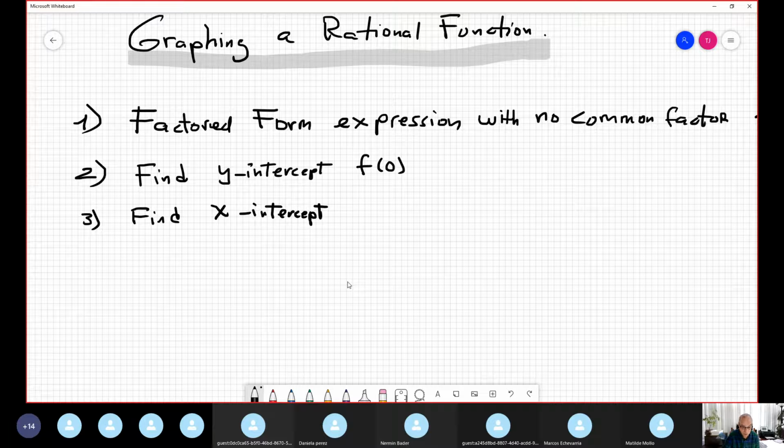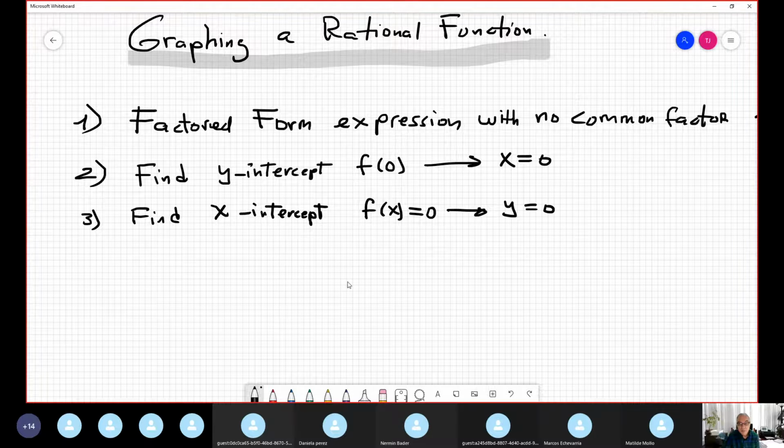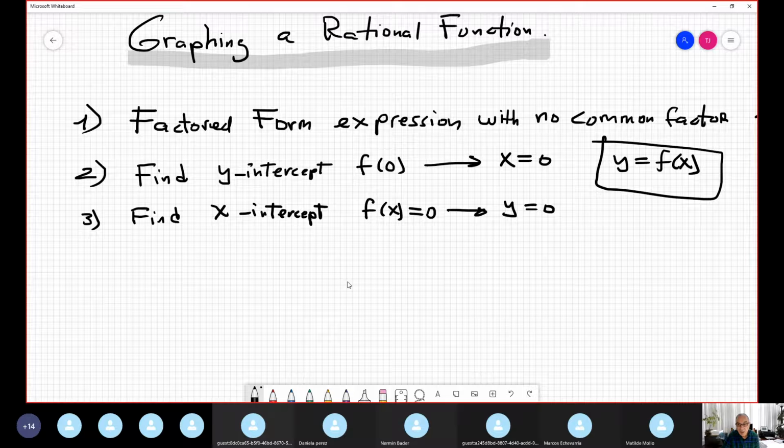Where's the formula, professor, for finding the x-intercept? Well, f of x equals 0. So this is equivalent to saying x-intercept, x, 0, and this is equivalent to y-intercept, 0, y, because the function notation is y equals f of x. But I prefer to memorize these formulas.